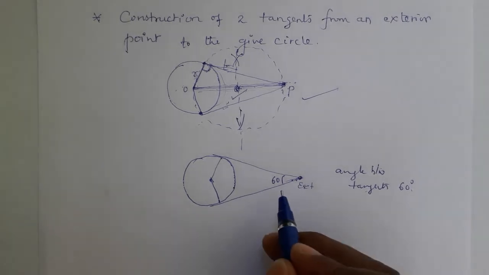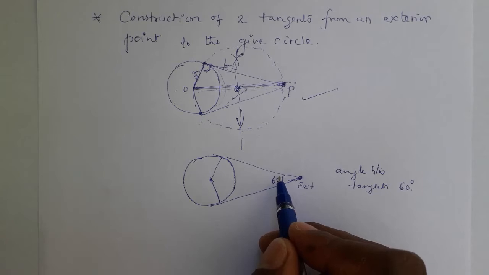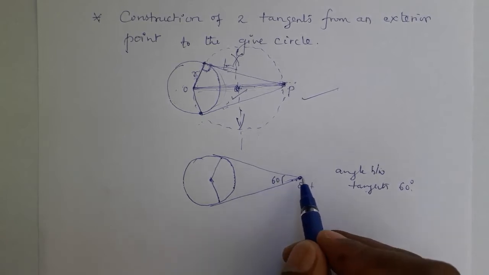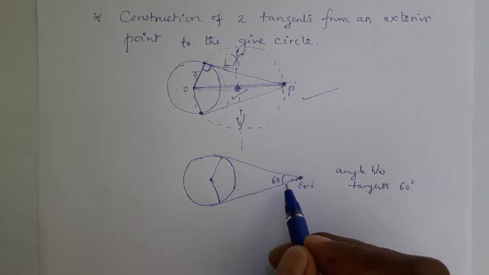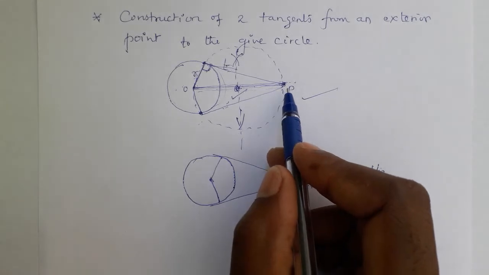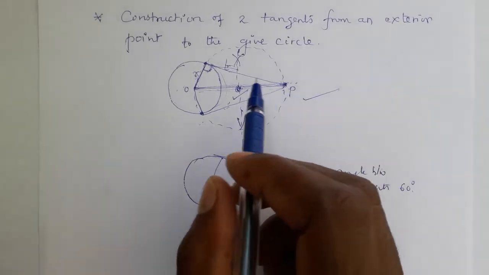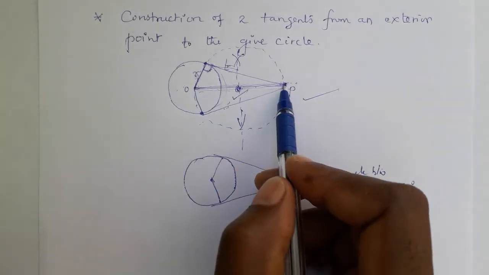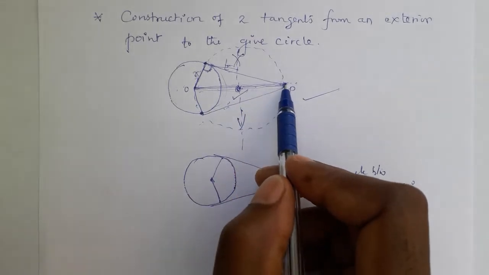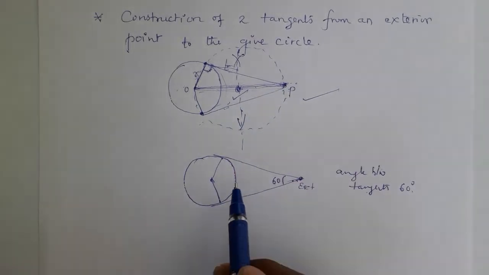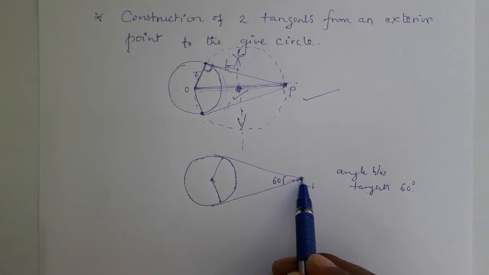So the given 60 degrees cannot be constructed in the first step. Unless the exterior point position is known, we cannot construct it. In the previous problem, the exterior point position was known because the distance between the center and the exterior point was given. But here it is not known.